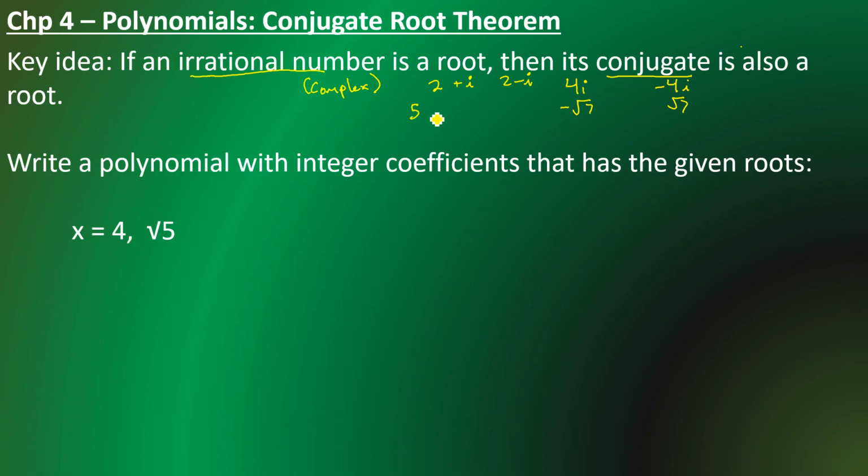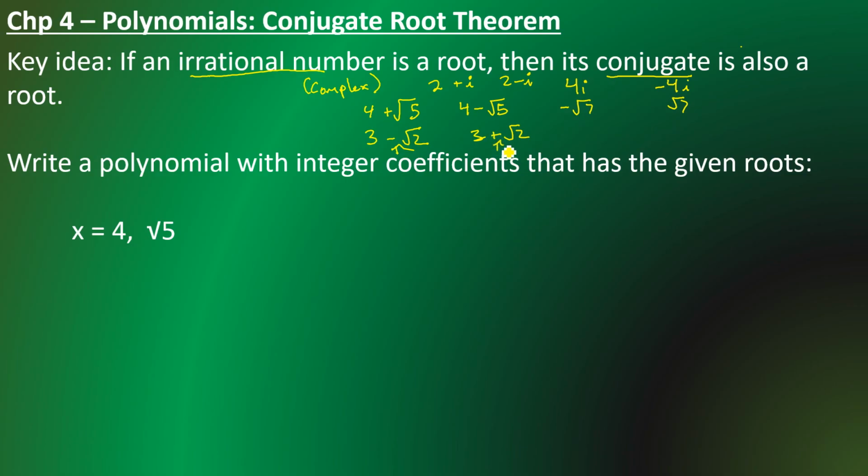And if I had, say, 4 plus root 5, then the conjugate is 4 minus root 5. And likewise, if I started with a minus, say I had 3 minus root 2, then the conjugate of that is 3 plus root 2. Again, notice the signs are opposite.